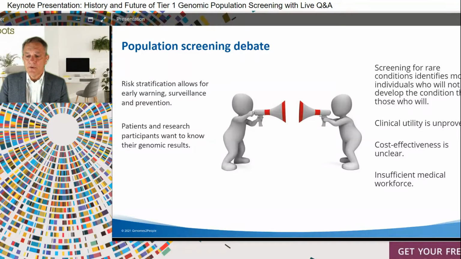We also know from many, many different types of surveys from all sorts of different angles that both patients and research participants say that they want to know this information. Almost across the board, no matter how you ask the question, no matter what kind of survey it is, about 70% of people say that they would like to hear about their own genetic information if it's something treatable.